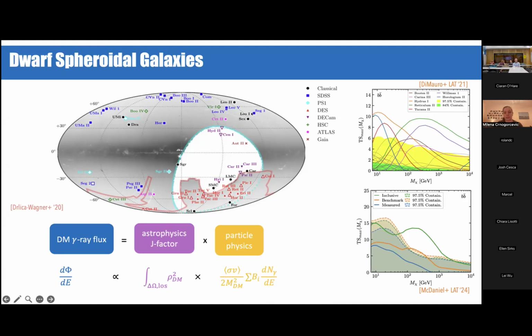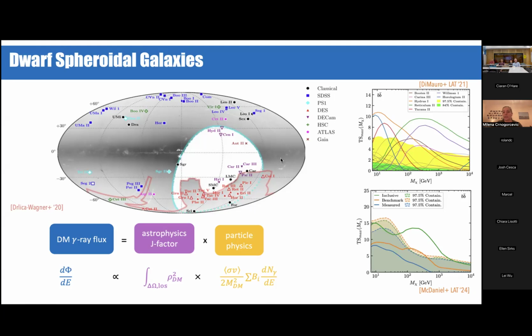On the right side here, I show you the detection TS profiles, or the detection significance profiles, as a function of the dark matter WIMP mass for different numbers of sources as well as different Fermi exposure times.